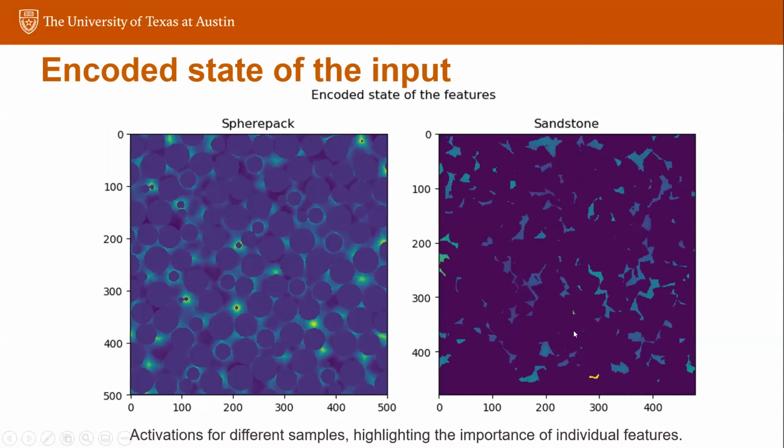It says, focus on the isolated pore structures, like this one down here in yellow. So the neural network is saying, hey, focus here because there might be some problems here. And this is all done automatically. That's the beauty of neural networks.